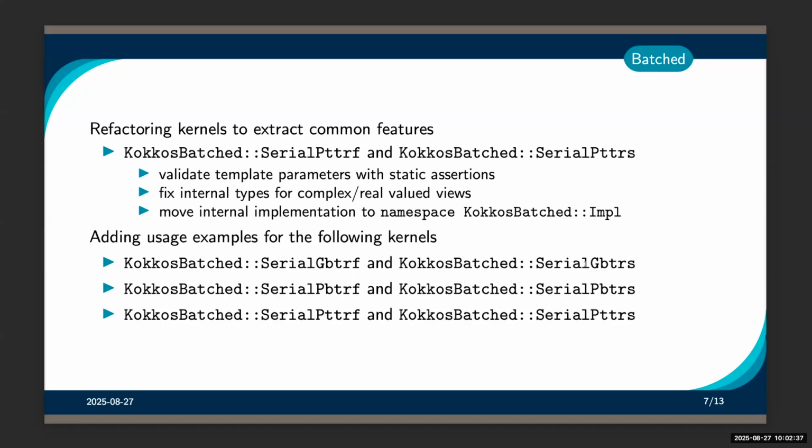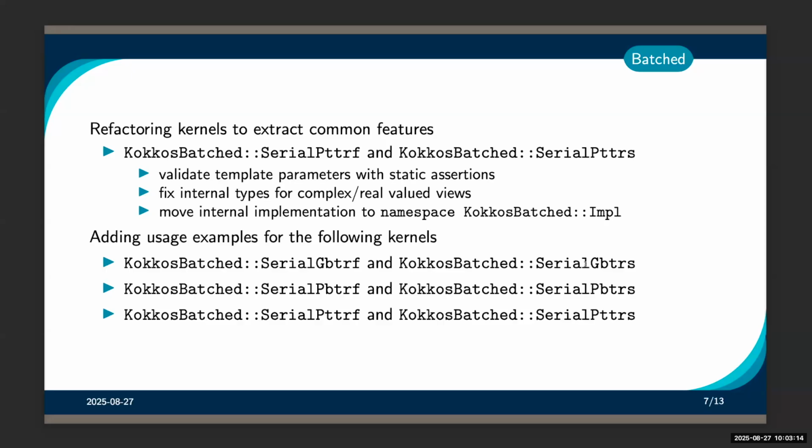It's going to prevent wrong behavior of the software. We also fixed some internal types for complex and real valued views. Some views were assumed to be complex when they're actually only supported for real values. And we moved some internal implementation details to the namespace KokkosBatched::Impl. So if you were using our implementation details, which you really couldn't do inadvertently because they weren't in specific implementation headers, you may now get broken by that. So please do not use these functions.